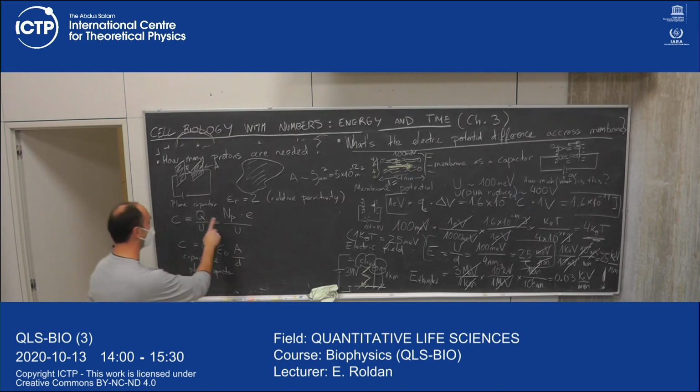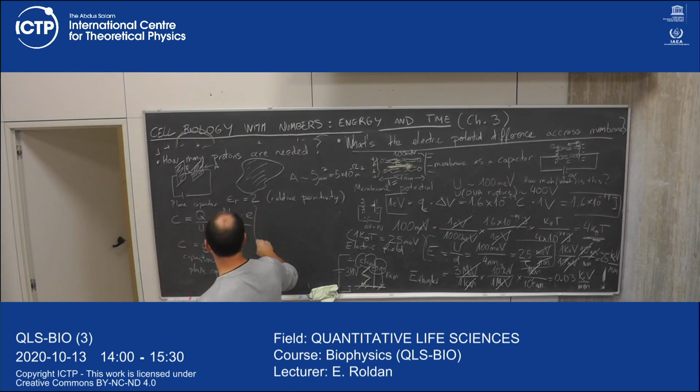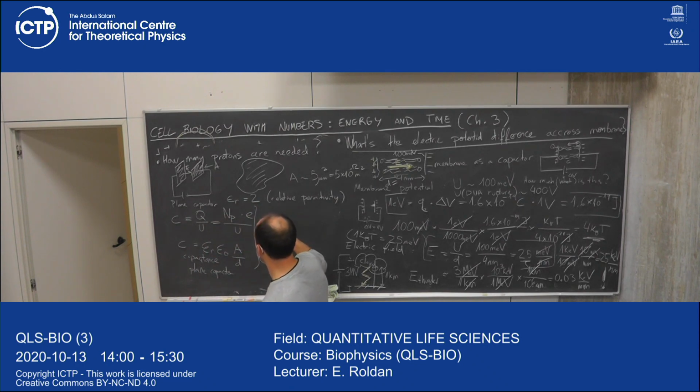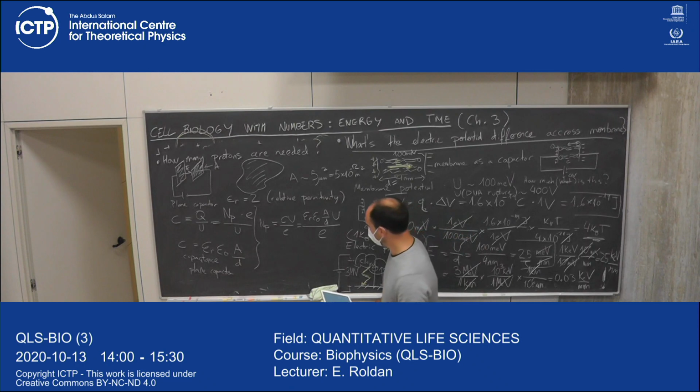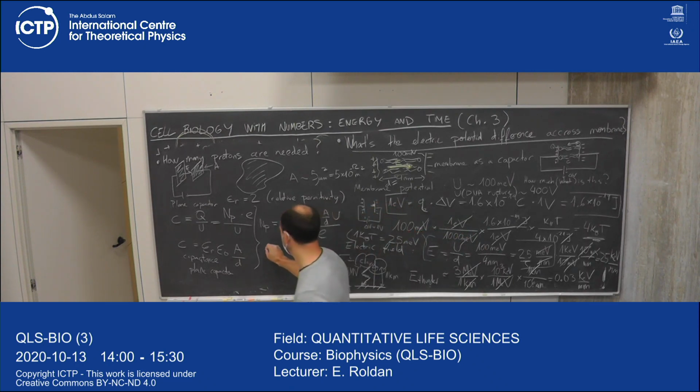Okay, so we have this formula, and now the main thing is we have to solve. So N_p will be C U divided by E. So C is epsilon r, epsilon 0, A divided by D, times U divided by E. You can put the D in the denominator.